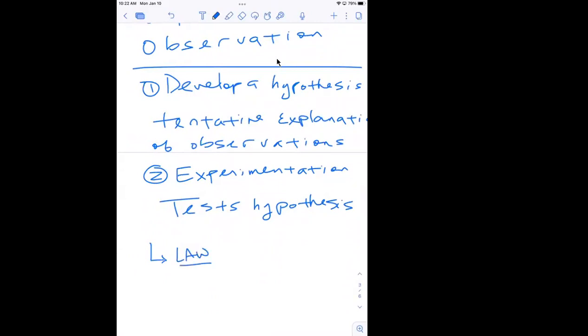So you have a hypothesis, and hypotheses are tested, and you look at the behavior of whatever you're testing, and then if you get results that continue to show you the same thing, those results can become a law. So a law is a summary of experimental observation.